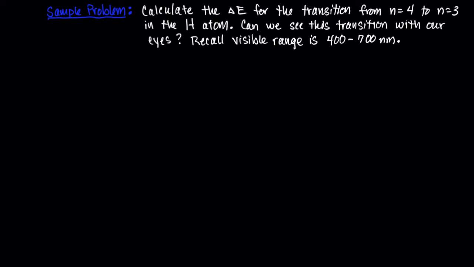All right, let's do this. So delta E is equal to hc over lambda, which is equal to R sub H, just rewriting the Rydberg equation here, times 1 over n sub i squared minus 1 over n sub f squared. Great. Let's plug in the numbers.